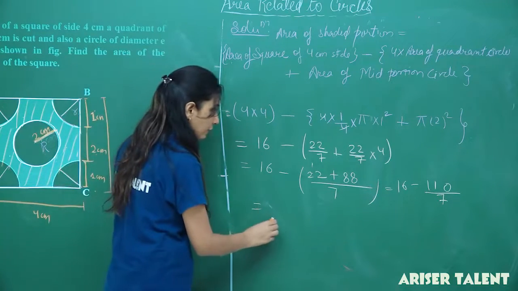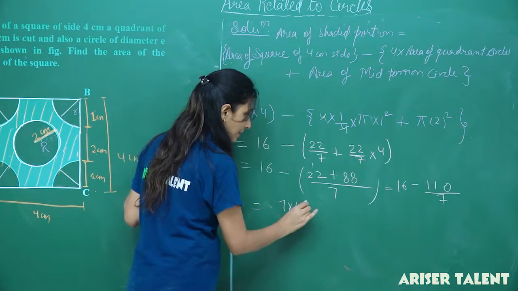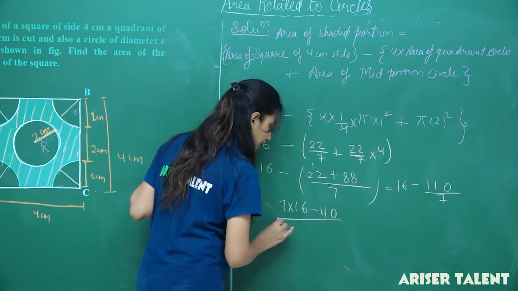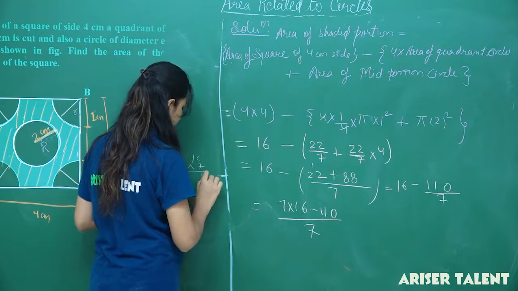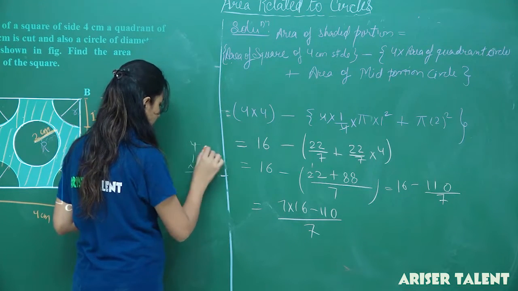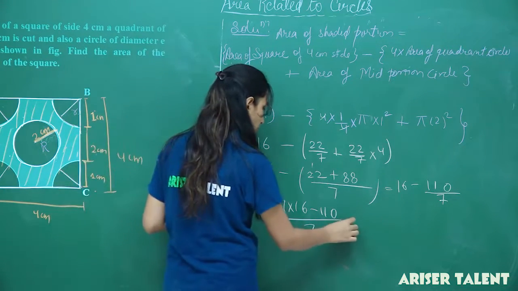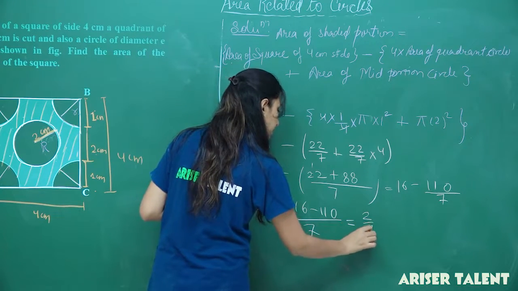So, that gives me 16 minus 110 by 7. 16 multiplied by 7 is 112, so that will be 2 by 7.